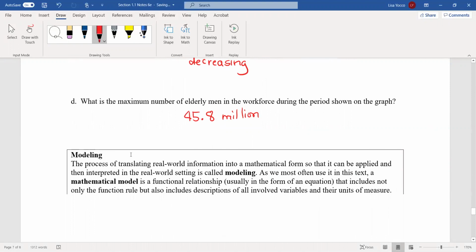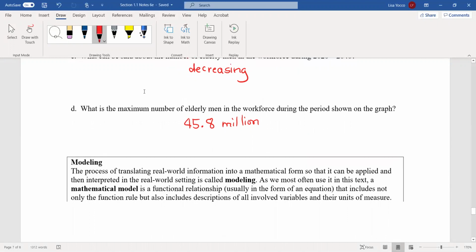And then to finish up the section, this is where we now define the word modeling. It's pretty straightforward, but this is where we take real world information and put it into mathematical form, typically a function.